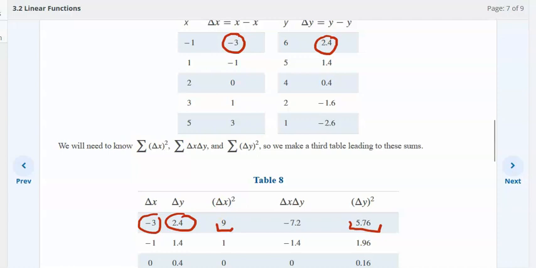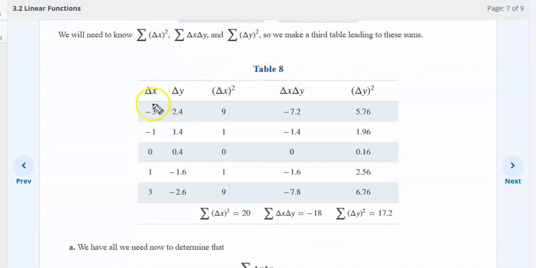And we need to multiply this times this to give us this value. And we do that now for each of these. We get our data completed.